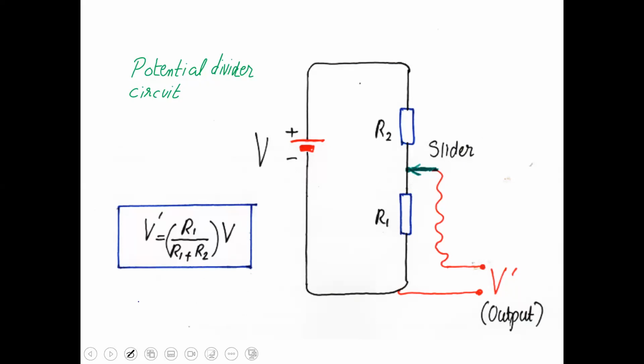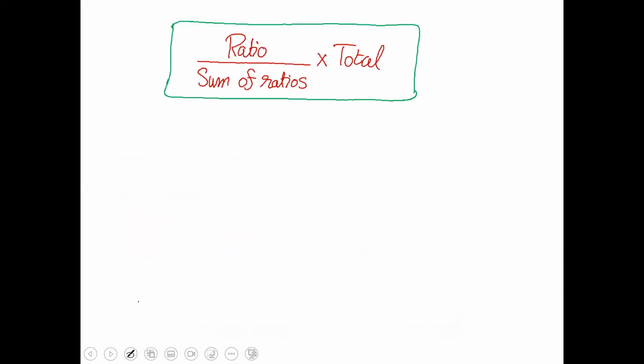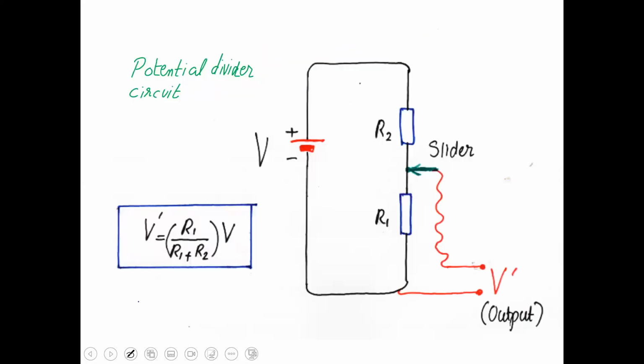R1 upon R1 plus R2, this formula is coming from this formula: ratio upon sum of ratios into total. You have to copy this. This is simple.